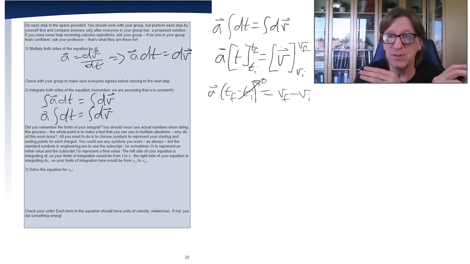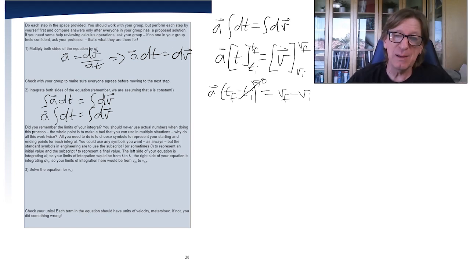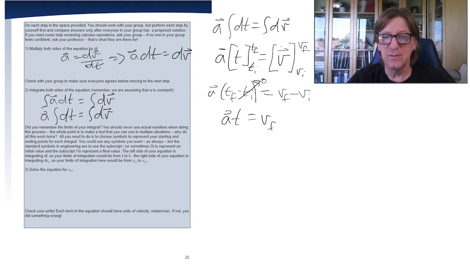So I could have this robot moving, but if I'm only interested in from here to here, then I only need the elapsed time between these two. I don't care what's happening back here. So to represent elapsed time, we're going to use a simple t with no subscript. So that brings this down to a t equals vf, these should be vectors, minus vi.